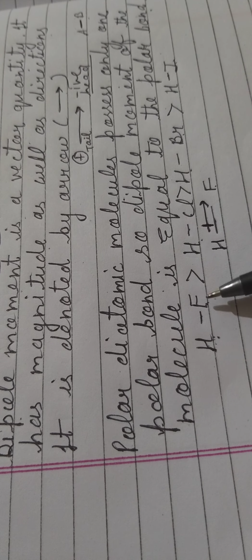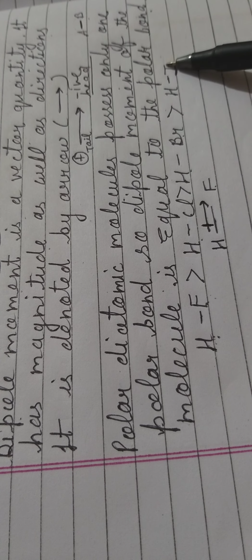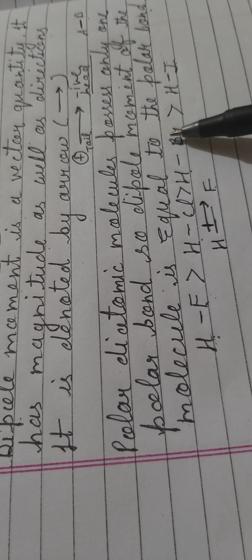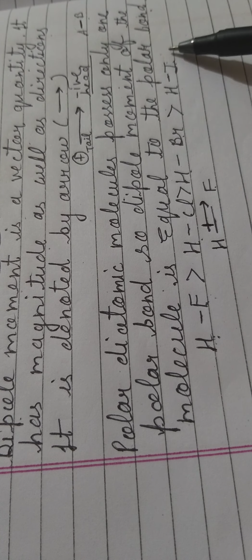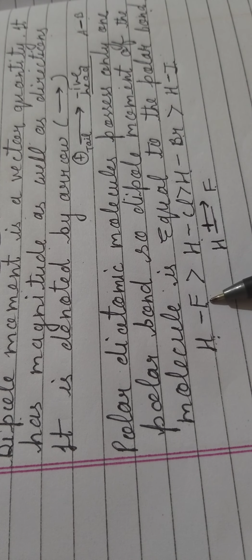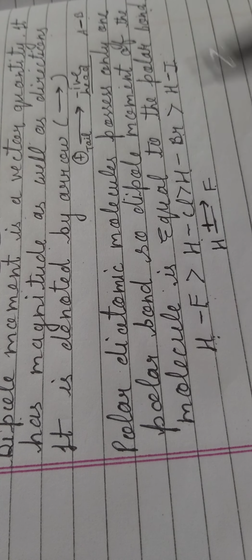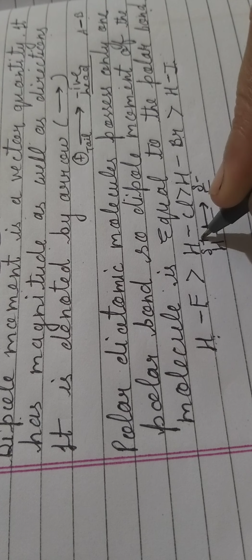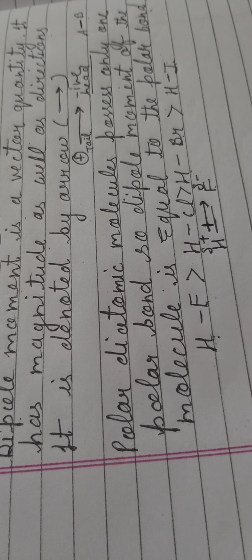If you compare the electronegativity, fluorine is more electronegative than chlorine, chlorine is more electronegative than bromine, and bromine is more electronegative than iodine. So in that case HF will be more polar in nature. Fluorine will carry a partial negative charge, and hydrogen will carry a partial positive charge. I hope you all have got it up to here.